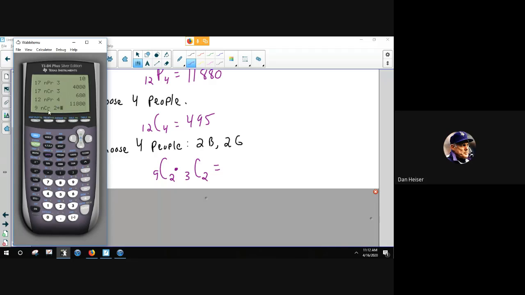It treats this as if parentheses are already around it. 3C2. Your calculator will not read this as 2 times 3. It knows this is nCr, treat it separately, nCr again, treat that separately, and then multiply the 2 answers. We get 108 possibilities.